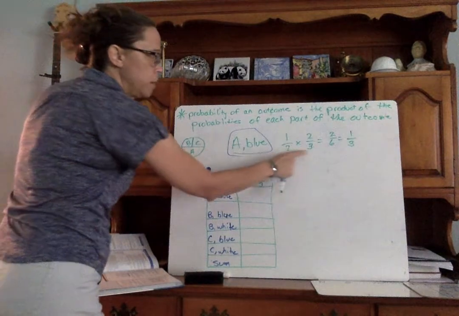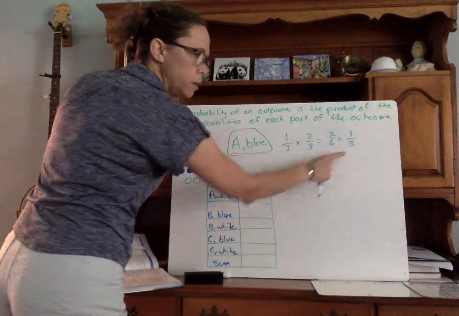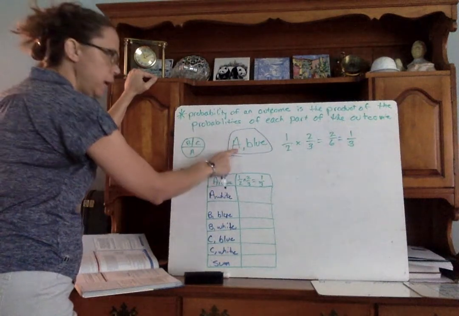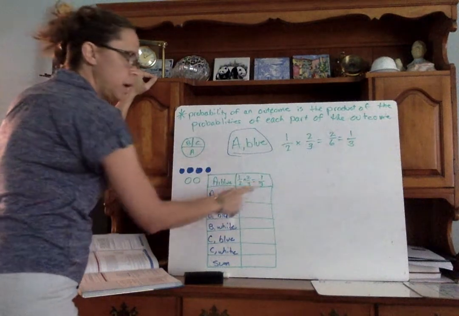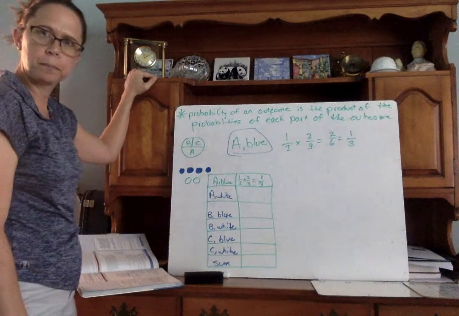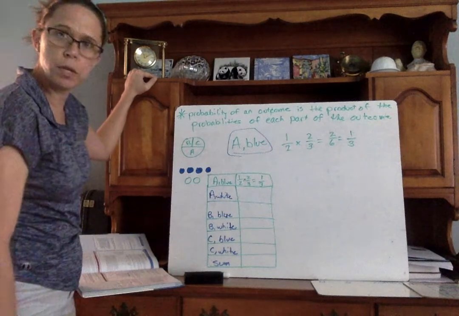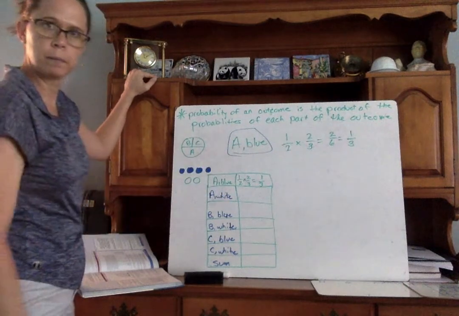So 1/2 times 2/3 gives me a probability of 1 out of 3. So the probability that I spin an A and grab a blue marble is 1 out of 3. I have to take the probability of the first thing times the probability of the second thing.